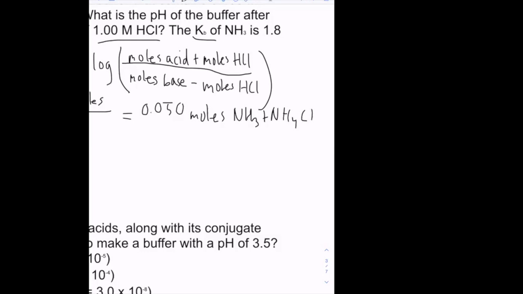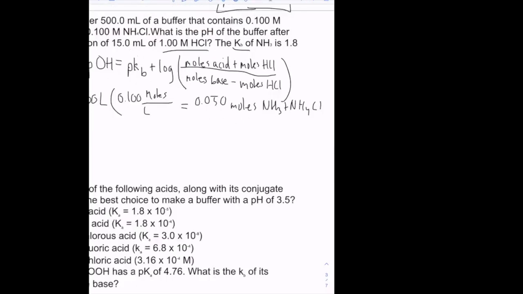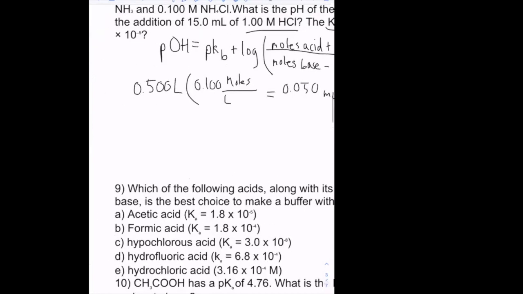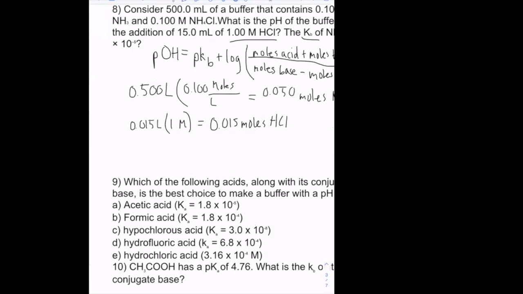The second thing then is I'm going to find out the number of moles of strong acid that I'm adding. In this case, we're adding 15 milliliters of 1 molar HCl. So to do that, we have 0.015 liters times 1 molar, which ends up equaling 0.015 moles of HCl. So we have these terms then.